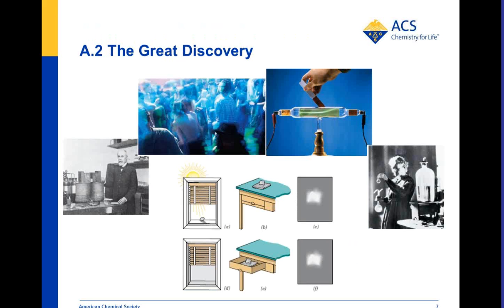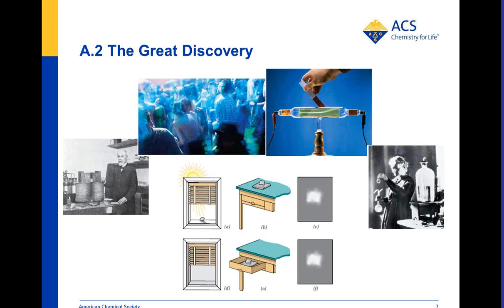Then we begin with really taking a look at the history of the discovery of radioactivity, from Röntgen's fluorescence and the cathode ray tube. I find that tonic water really fluoresces nicely. I have a small little fluorescent detector, and that works well.